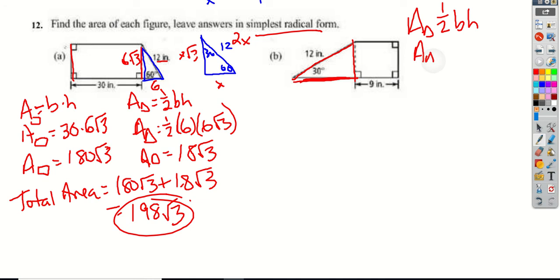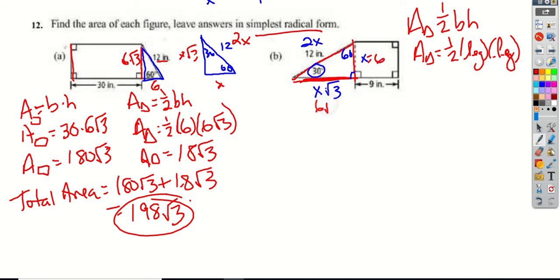So for a right triangle, the formula is actually 1/2 leg times leg. Okay? So same thing we did before. If this is 30 degrees, that means that the side across is x. This side becomes x radical 3 across from the 60-degree angle, and then the hypotenuse is 2x. So that tells us that this x is 6, and this side is 6 radical 3 again.